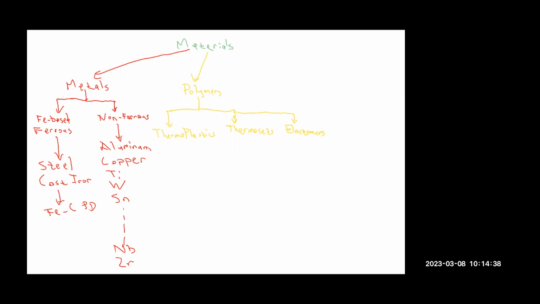Ismail, can you give an example of thermoplastics? Anything that comes to your mind? I don't know. Maybe PVC, right? PVC or nylon. Or acrylic.